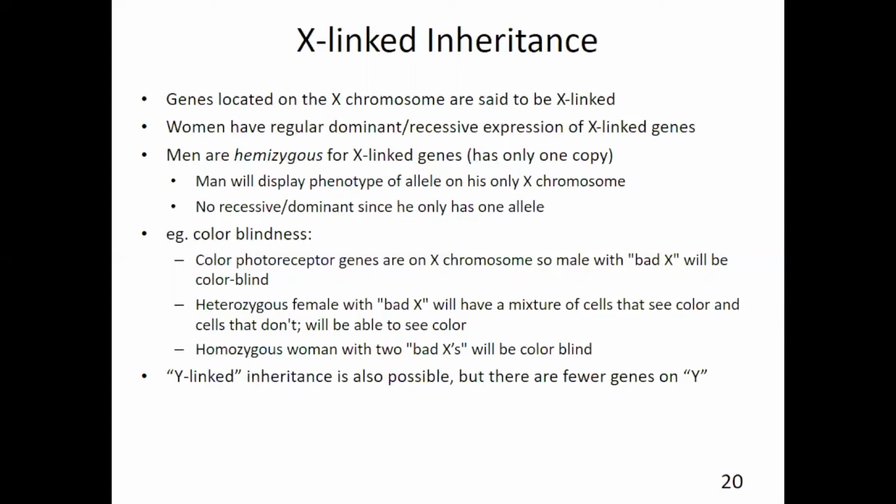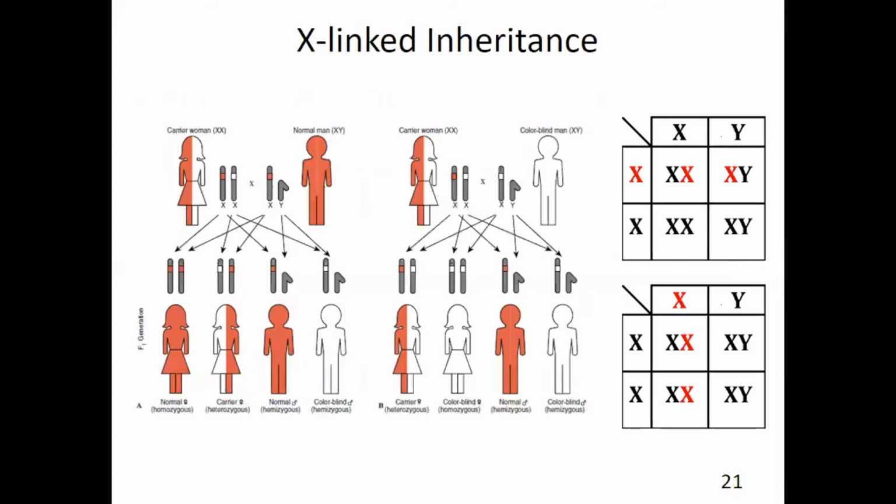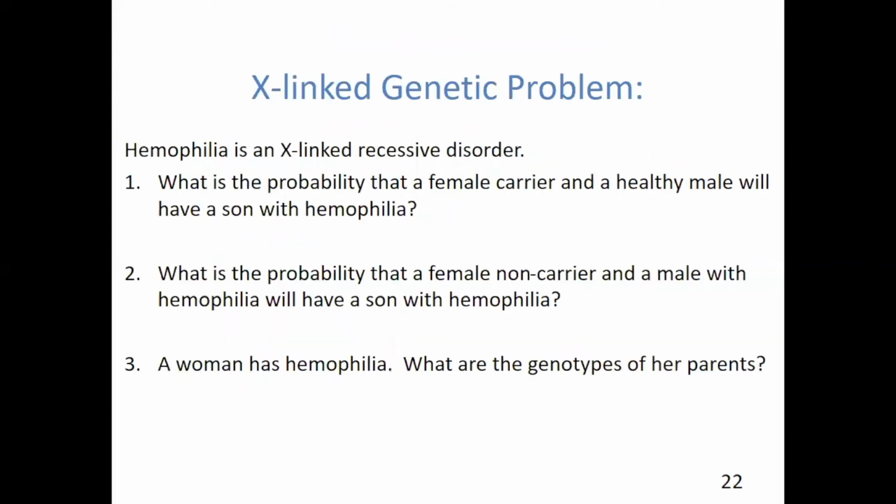But if the man inherits that recessive allele and only needs one copy of that recessive allele, he will be colorblind. This can be seen visually in these figures on slide 21. Again, I will go through these genetic problems in a separate video.